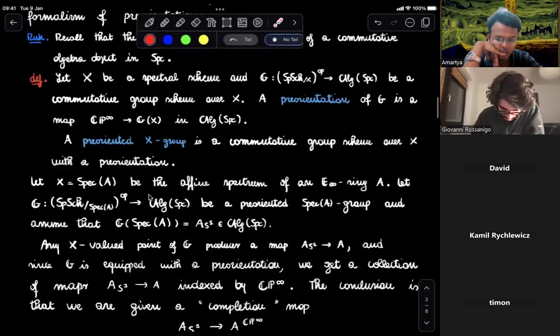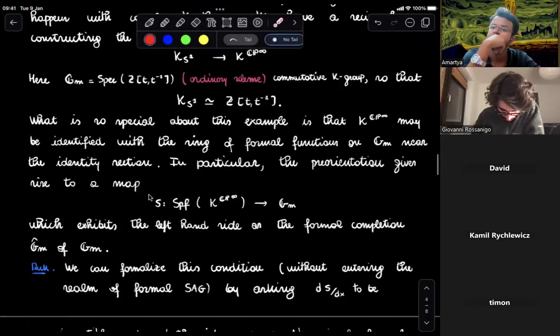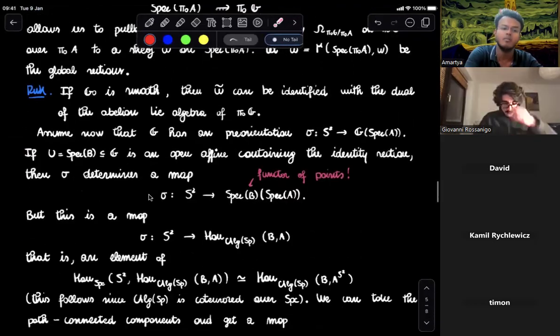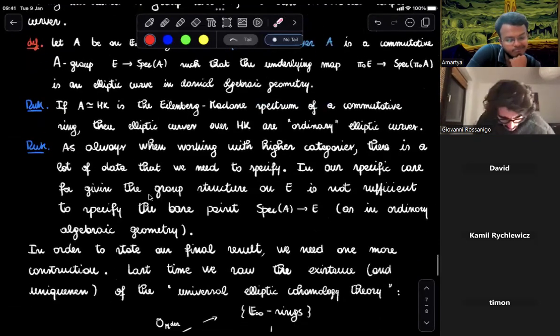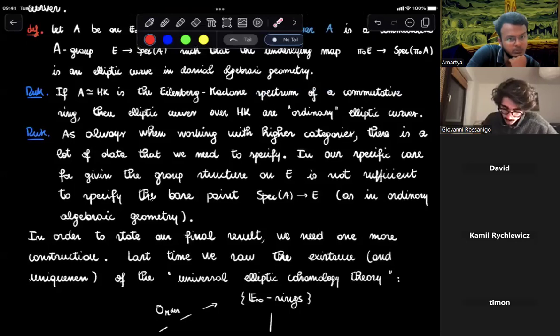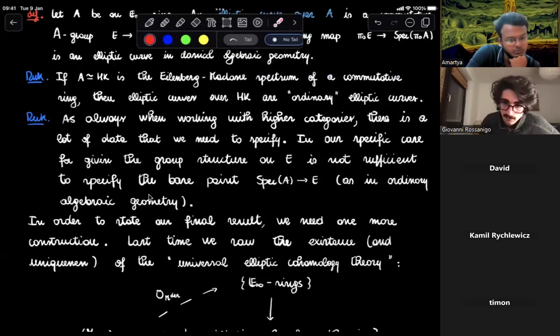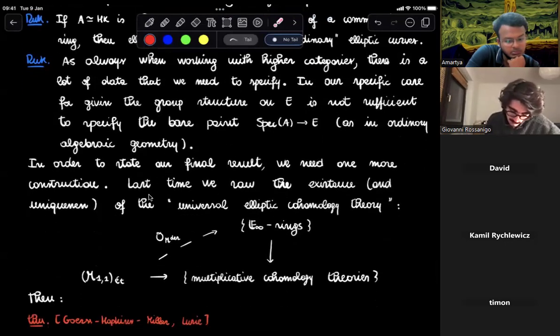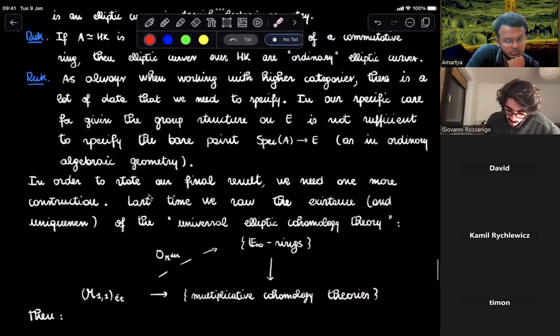Okay, let me go back. The final result of the talk depends strongly on what we did last time. Last time we looked at this diagram, and the goal was to show the existence and uniqueness of the universal elliptic cohomology theory.